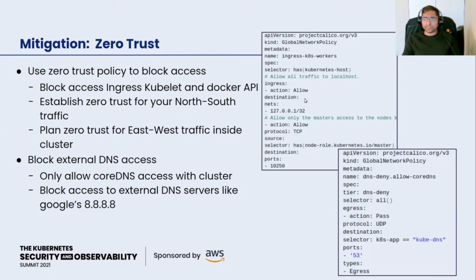As you can see on the right, there are some of the policies that we gave to secure your Kubernetes deployments, where we only allow kubelet traffic to the hosts which are contained in the cluster. And the policy below only allows DNS traffic to your CoreDNS, which is the DNS server deployed with Kubernetes.